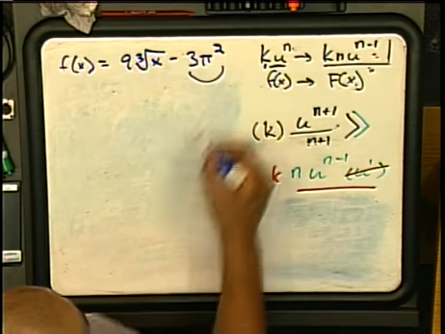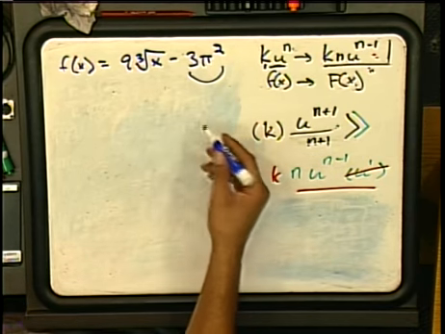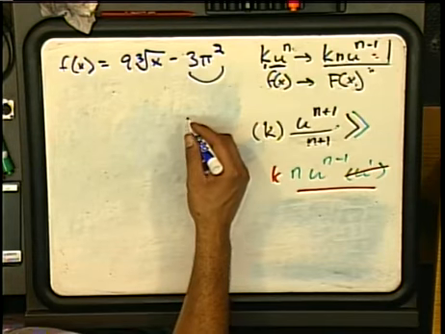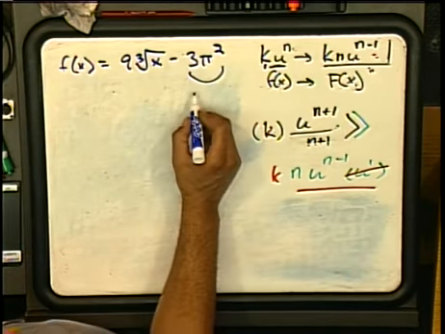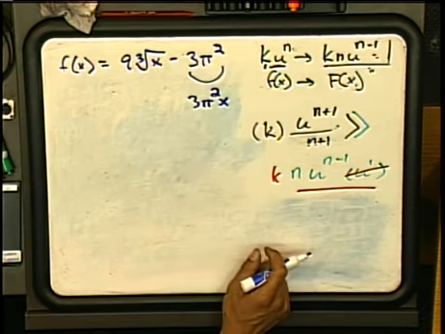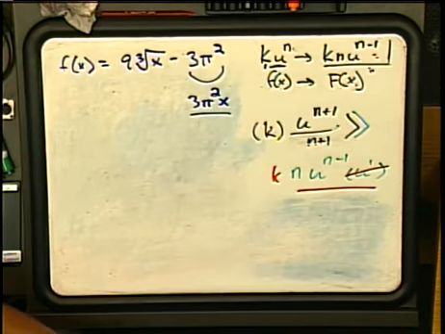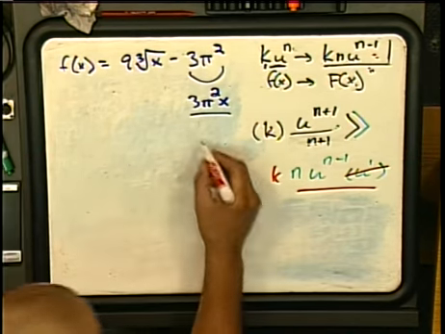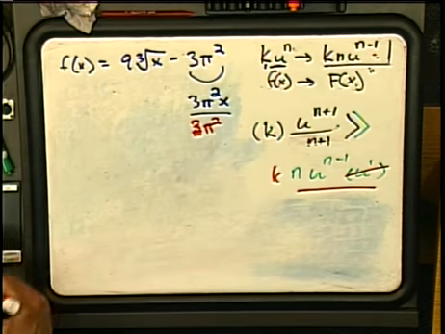I'll start off with this one. All this is a constant term, just like the 2. So you just put an x at the end. To take the antiderivative, put an x on it, so 3 pi squared x will be the antiderivative. If you take the derivative of this, you just let it go with the x. 3 pi squared.